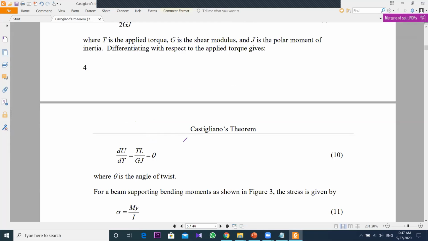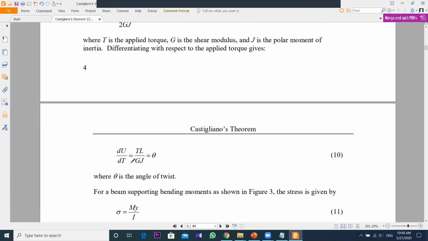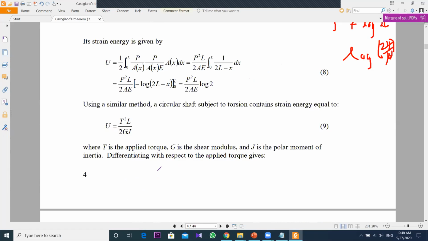It is a kind of twist. Okay, the twist angle you can find using the torque. You differentiate the strain energy with respect to torque. If you differentiate, 2T, so 2 will be cut off. So TL divided by GJ.